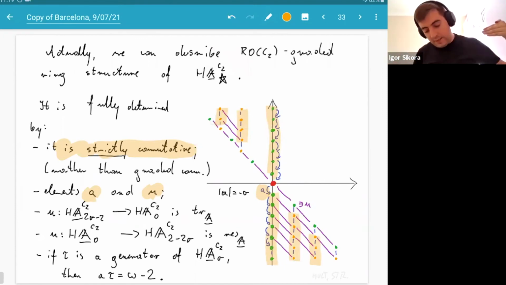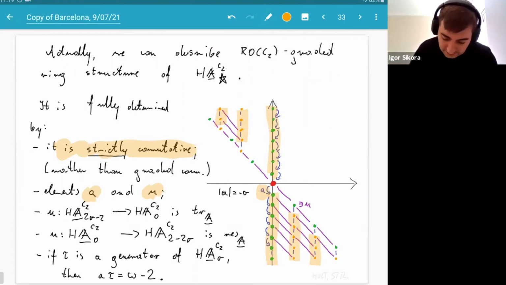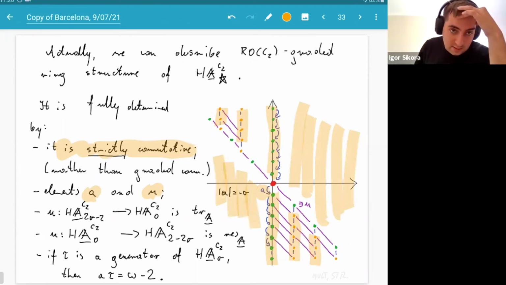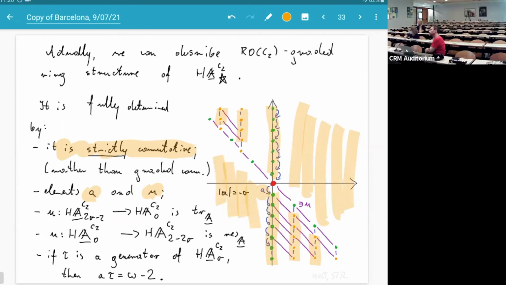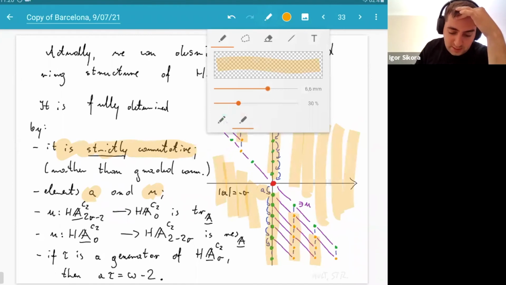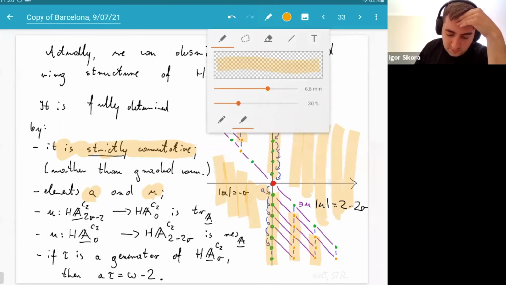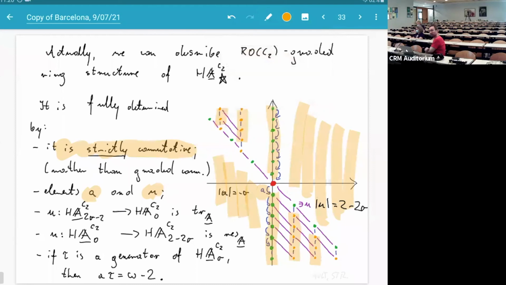And also, the general pattern for these coefficients is that if we are on the right half plane, these coefficients are always 0 above the antidiagonal, and on the left half plane, the coefficients are 0 below the antidiagonal, and this is also the action of A responsible for it. And the second element which will describe this structure is the element U. This is an element of degree 2 minus 2 sigma. And this is an element responsible for this kind of antidiagonal periodicity.